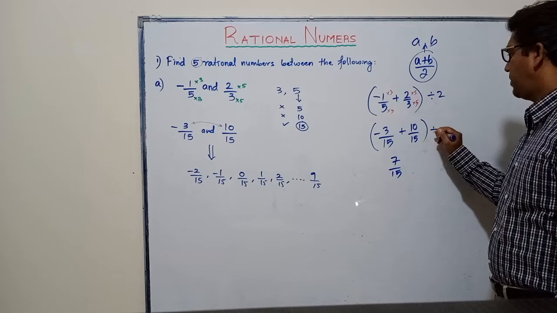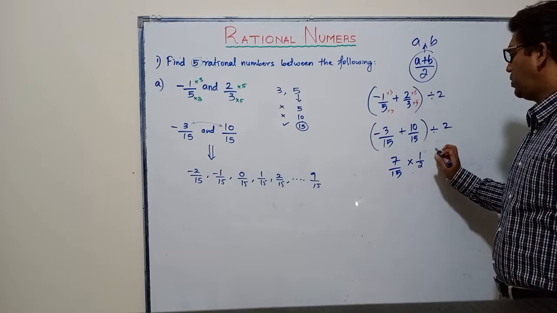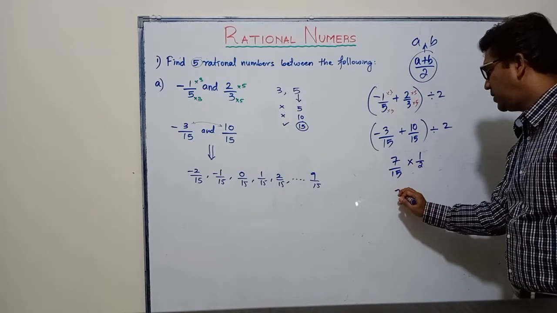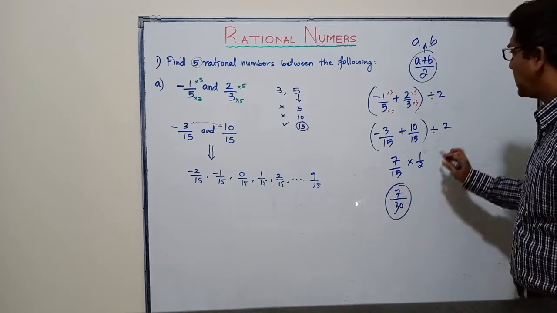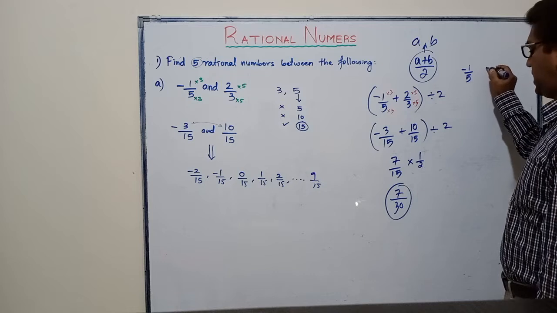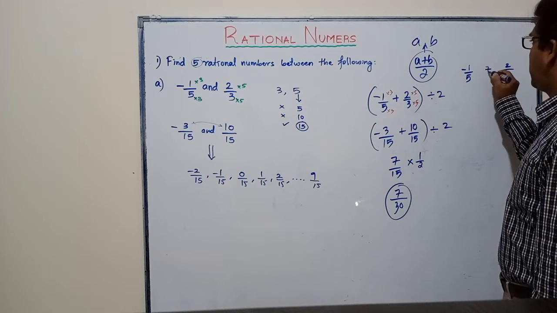Now, dividing by 2 is same as multiplying by 1 upon 2. You flip the second number. Now you cannot simplify it further, so you get here 7 upon 30. Now this number 7 upon 30 is a rational number between minus 1 upon 5 and 2 upon 3. So you got one number here, 7 upon 30.